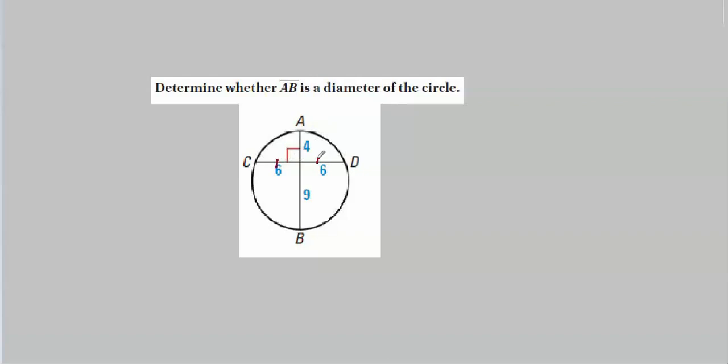Means it has to be a diameter. And we're done. That's really easy. As long as it's this perpendicular bisector of a chord, then it has to be a diameter. These numbers here, this 4 and 9, that was just there to add to the confusion. They serve no purpose. They're superfluous, unnecessary, extraneous even.